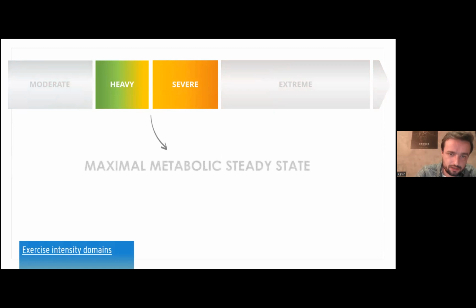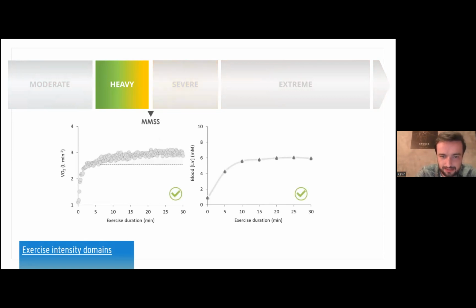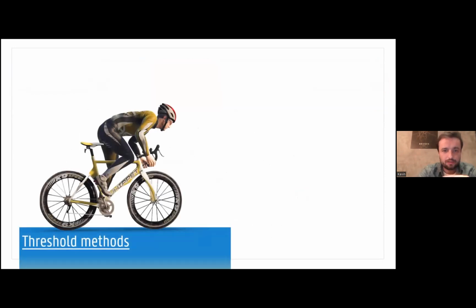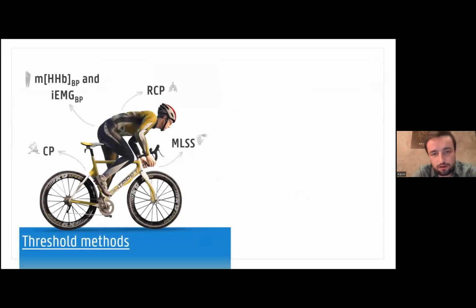So we're focusing, just to be clear, on that boundary between heavy and severe exercise. We call it the maximal metabolic steady state. And I showed you these graphs. Below that boundary, you have steady state responses. Above that boundary, that's not possible anymore. Now, next to critical power, there are also other threshold methods.